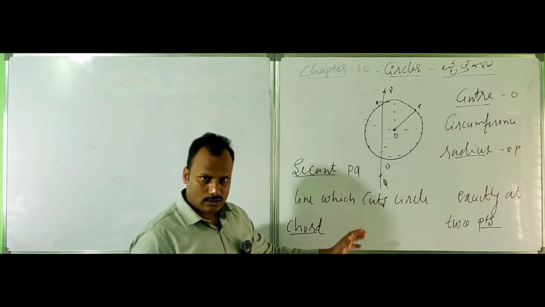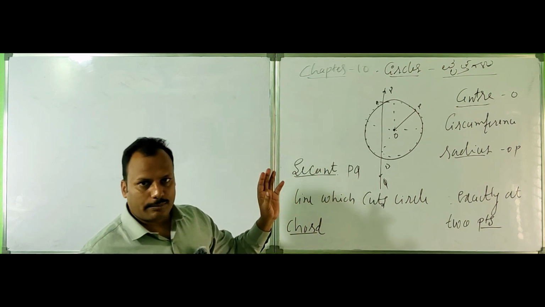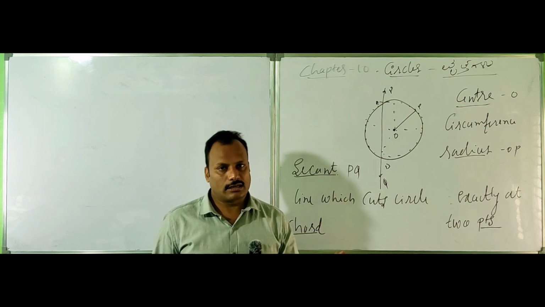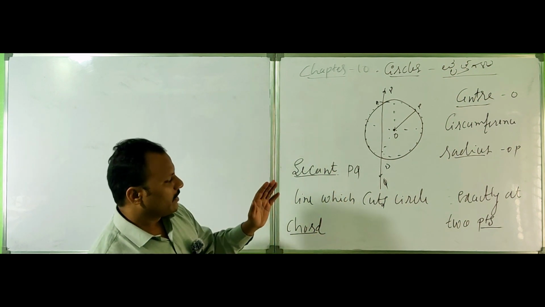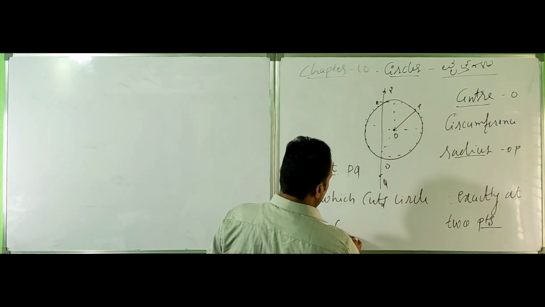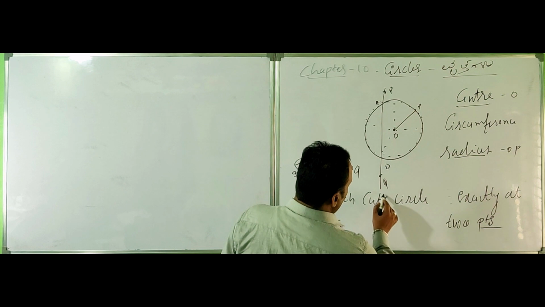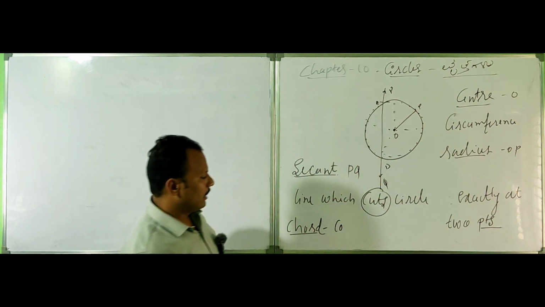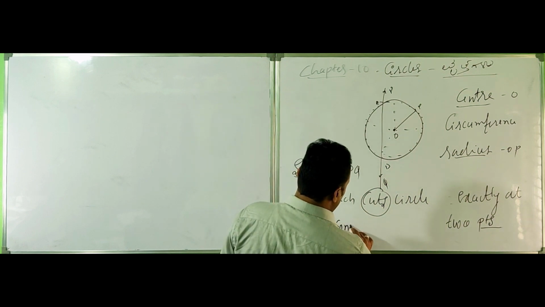The line segment drawn between the 2 points on the circle is called a chord. Secant cuts. Chord connects 2 points.